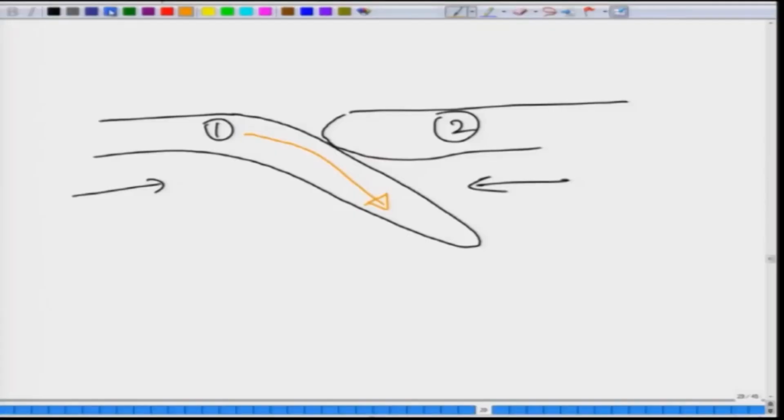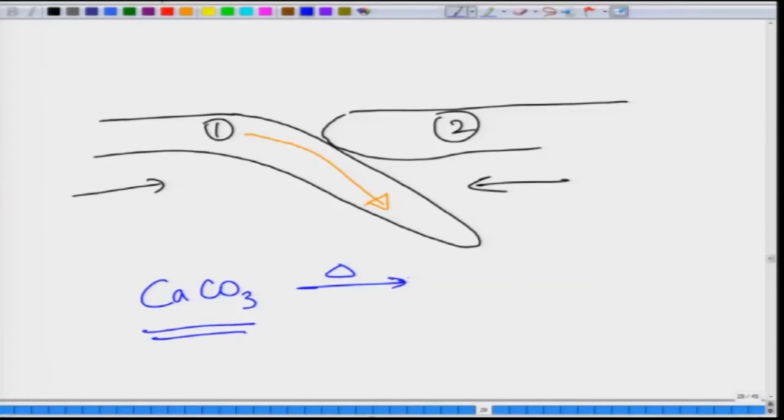Because of these plate movements, one plate is going down into a region with higher temperatures, and you are heating up this calcium carbonate, and this will give you calcium oxide plus CO2, and this CO2 in turn will be released back into the atmosphere.